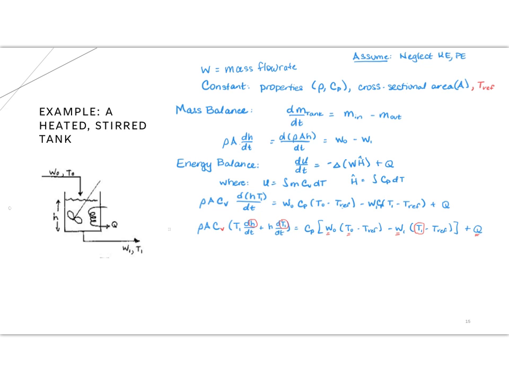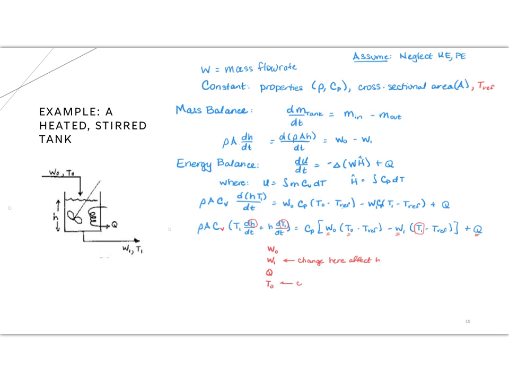And now that I've done this, I see that I have W naught, W1, Q, T naught as all my other variables. And so my thought process now should be, are these disturbances or are they manipulated? So perhaps T naught and those flow rates are going to come in and I have very little control. If I change this, it will most directly affect the height in the tank.